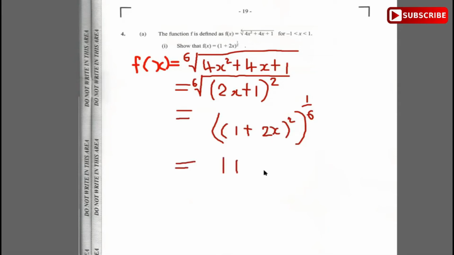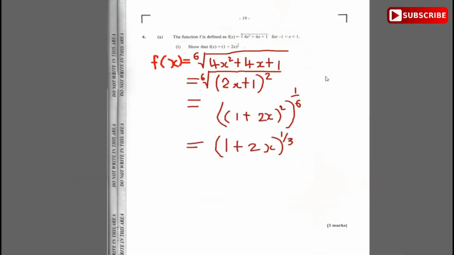So we get 1 plus 2x raised to the 1/3. Nice and easy. That's how we get f of x. So that's question 4, part A, I.